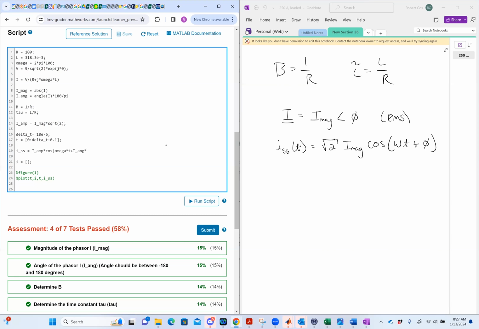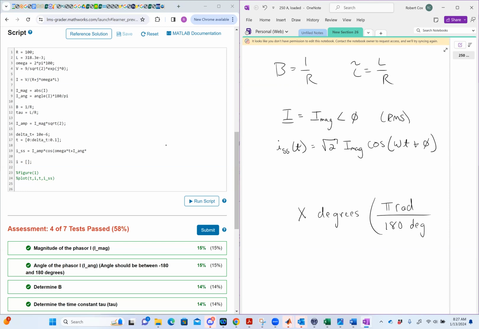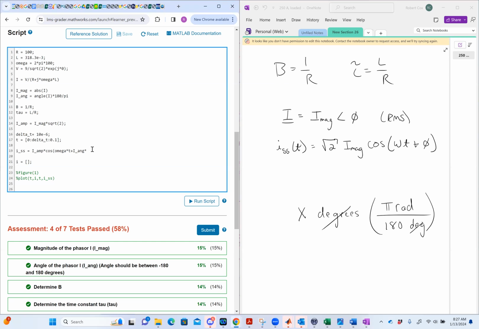If I have an angle in degrees, the way that I do it at least, because I'm old, I put 180 degrees on the bottom and pi radians on the top. It's just a unit conversion. So if x is in degrees, if I multiply by pi over 180, that converts it to radians. So I'm going to multiply by pi over 180, like that, and I am going to submit.